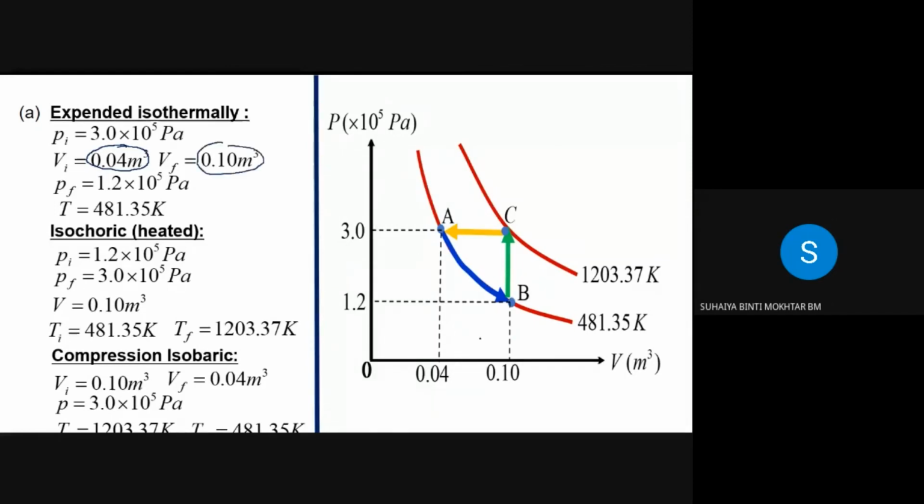And P initial here is 3 times 10 to the power of 5. Then the final at point B here is 1.2.